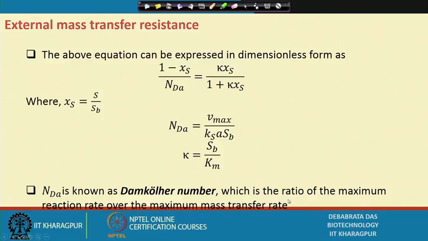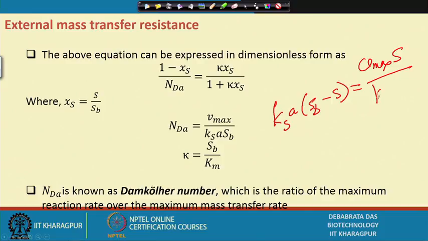Now, if you look at the previous equation, we have Ks A (Sb minus S) equals Vmax S by (Km plus S).